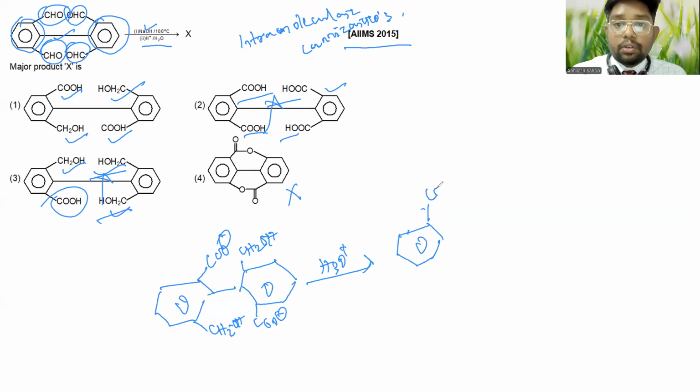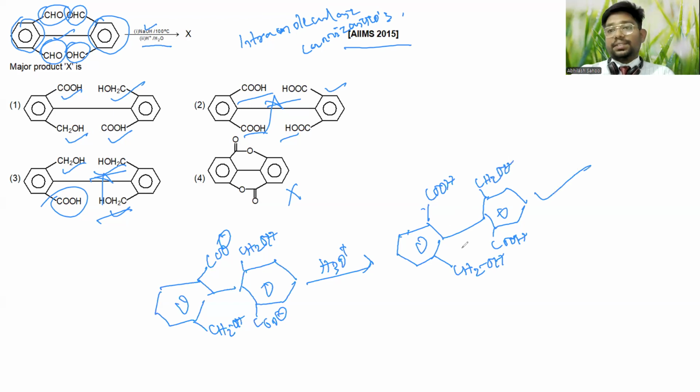This COO minus will be converted into COOH, and this one will be CH2OH. And here the same thing will happen, this COO minus will be converted into COOH and it will be CH2OH. So you got your answer.